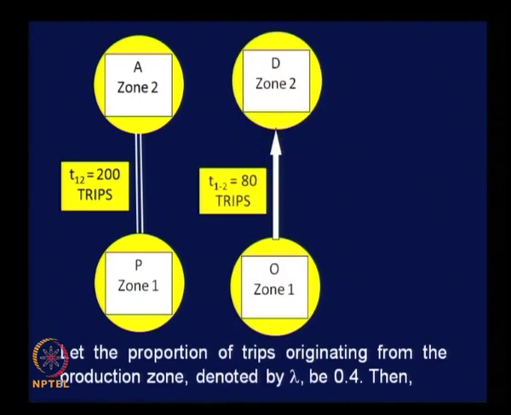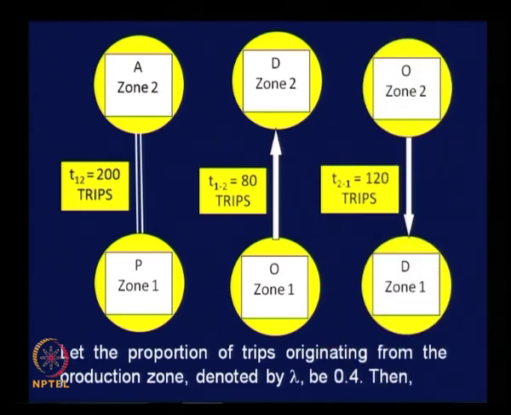Then I can say that number of trips originating from 1 and destined to 2 is 0.4 into 200, which is 80 trips, isn't it. 80 trips are originating from 1 and destined to 2, and then obviously the number of trips originating from 2 destined to 1 is going to be 1 minus 0.4, that is 0.6 into 200, which is 120 trips originating from 2 and destined to 1.